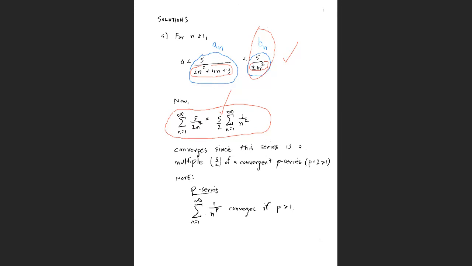Already I know that series converges. It is a convergent series because it's simply a multiple, 5/2, of a convergent P series. This is a P series where P equals 2, and 2 is greater than 1, so that series converges.